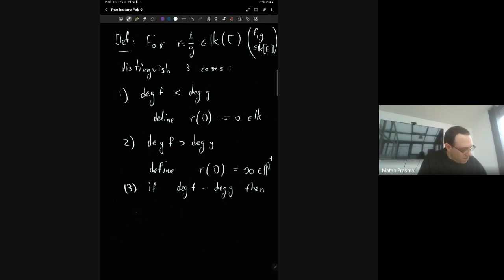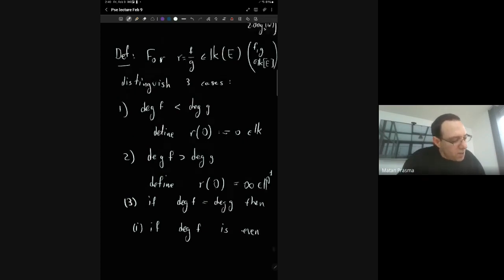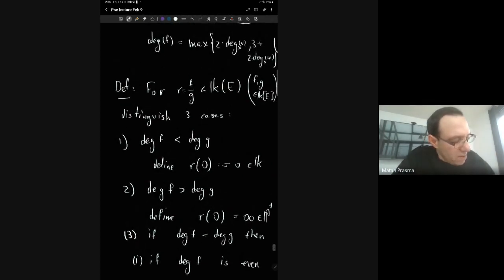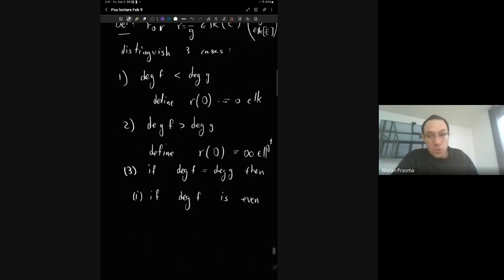Basically, if this degree is even, remember, by our definition of degree, if the degree of a polynomial over E is even, it means that the highest monomial does not involve the variable y. Right? It is some x to some power.